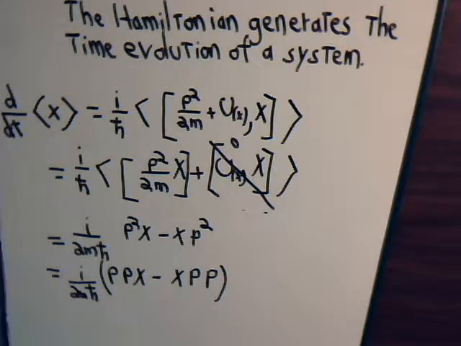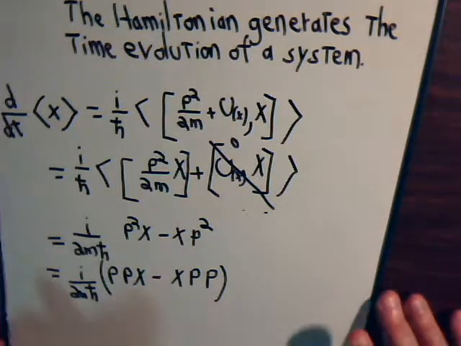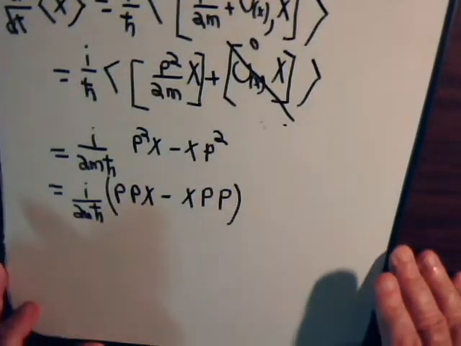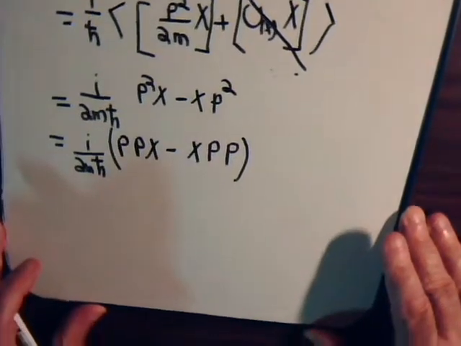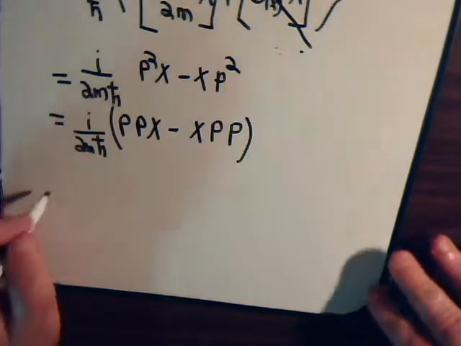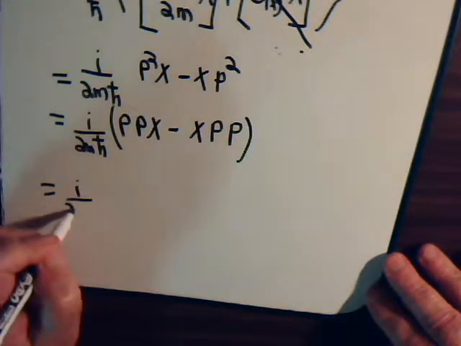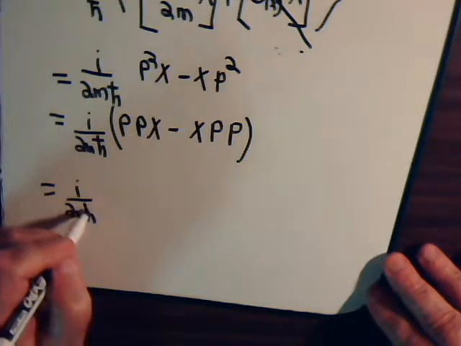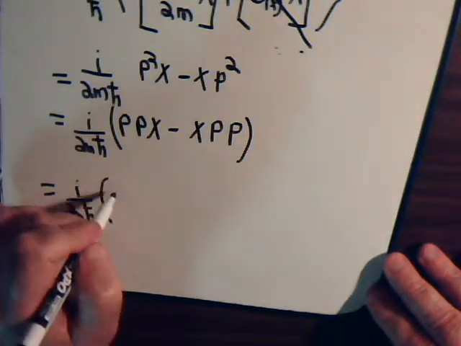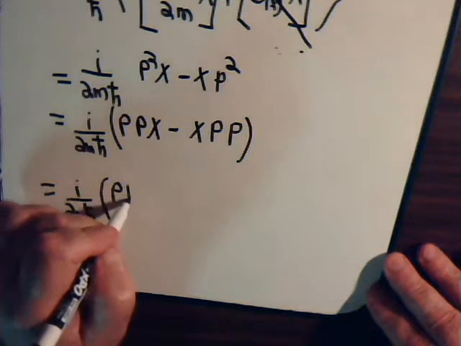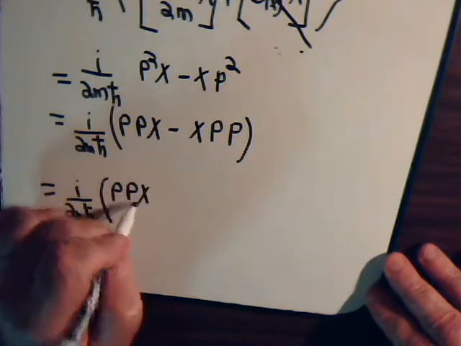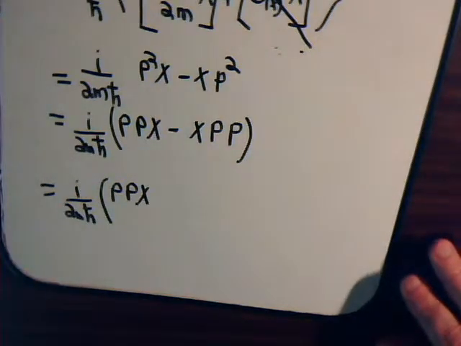And now what I want to do, I think, is that in this expression, let's consider it like this. We have i over 2m h bar, we have p p x.